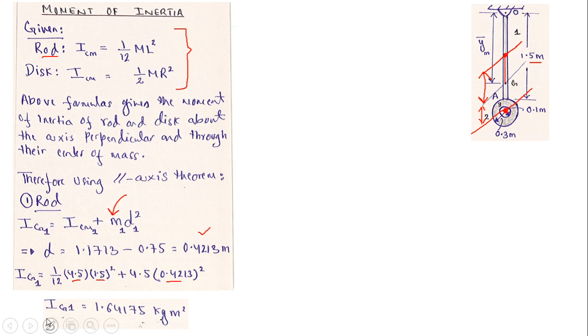This gives us the moment of inertia of this rod about the axis passing through G. The subscript 1 tells us that this is the moment of inertia of constituent volume 1 about an axis passing through point G, and that is equal to 1.64175.